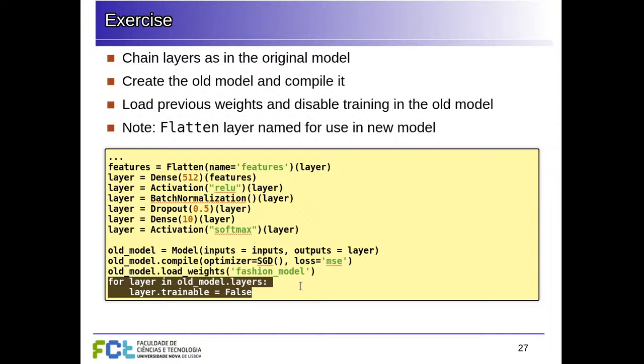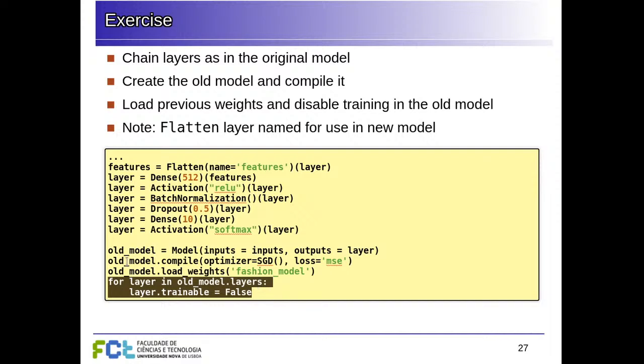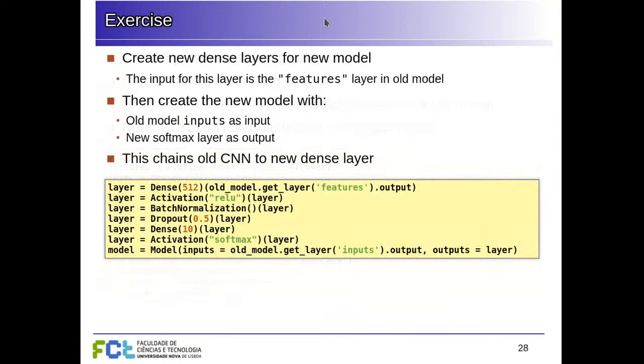So this is what these instructions are doing, loading the weights into the model and then looping through all the layers of this old model and setting the trainable flag to false. This tells Keras not to change these weights during training. So we are freezing the old weights obtained via the training from last week.